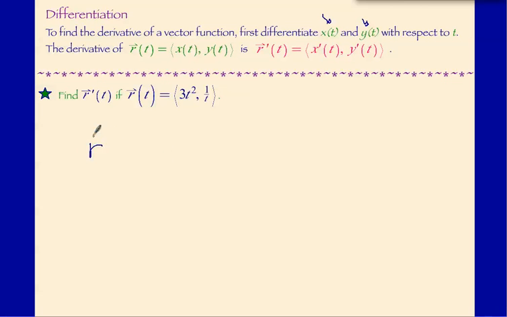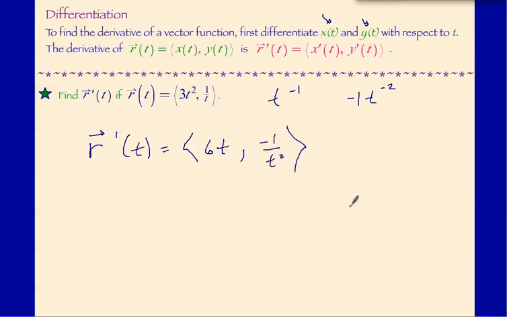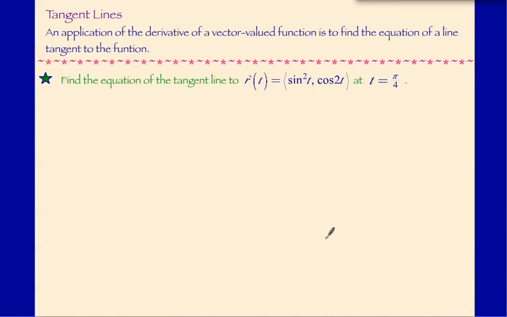So r vector prime of t is simply going to be 6t, and then when you take the derivative of t to the negative 1, we know that that is negative 1 t to the negative 2, so it will be negative 1 over t squared. That's it. So easy to take the derivative, right? Just take the derivative of each component function.